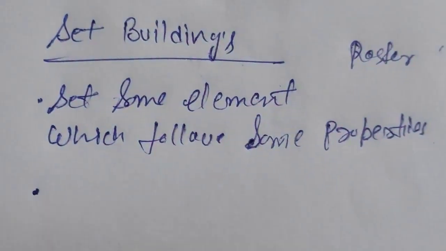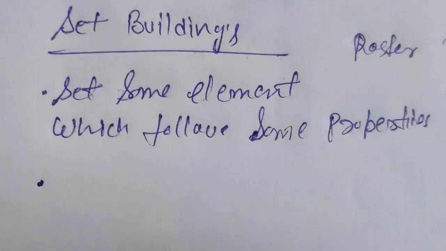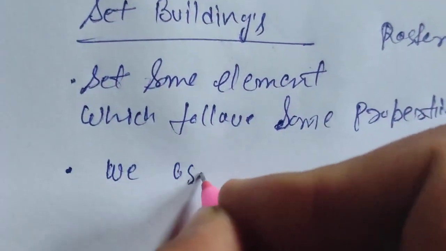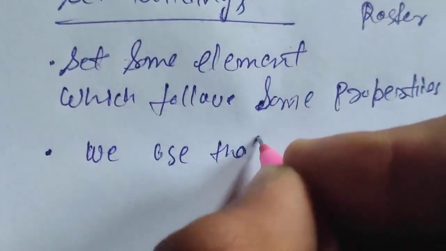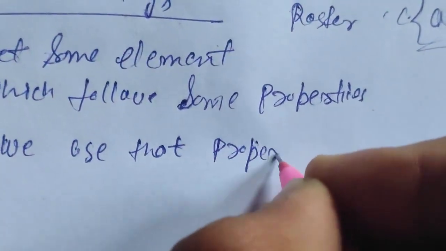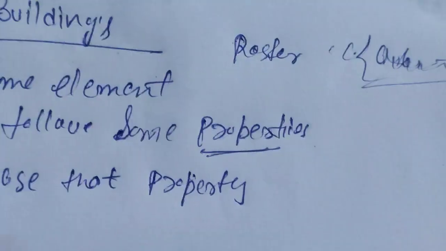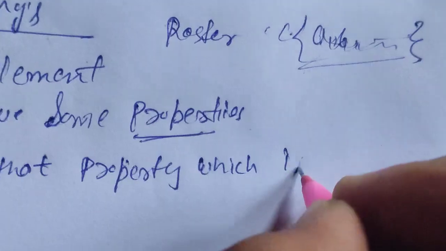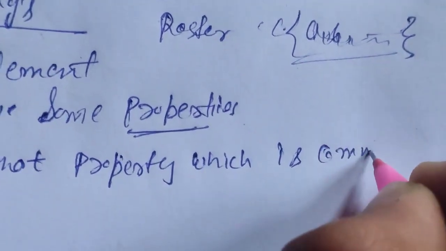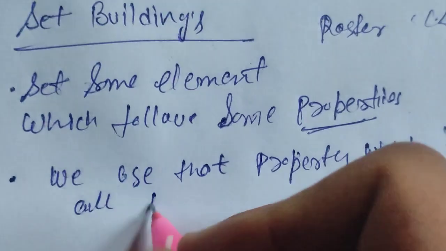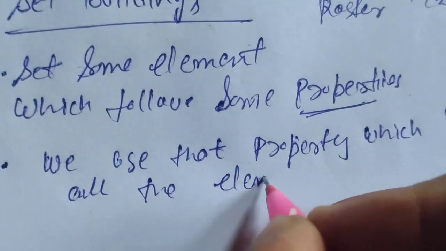So in the set builder form, we use that common property, which is common to all the elements.